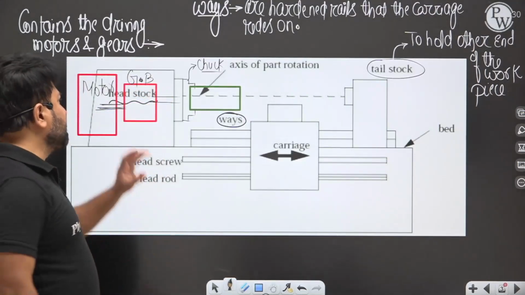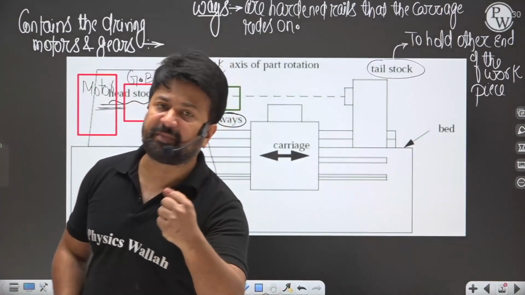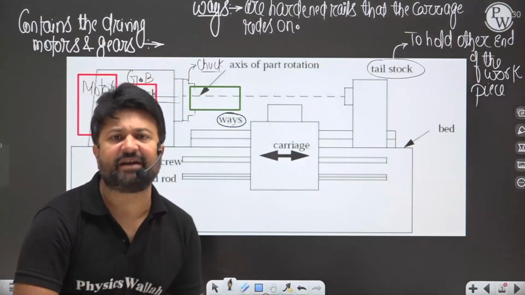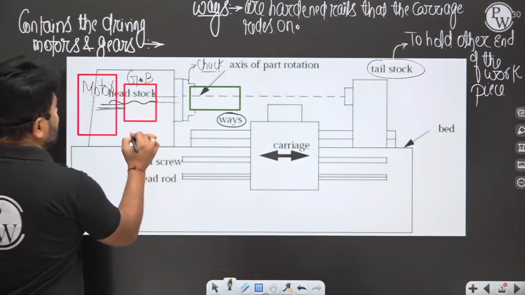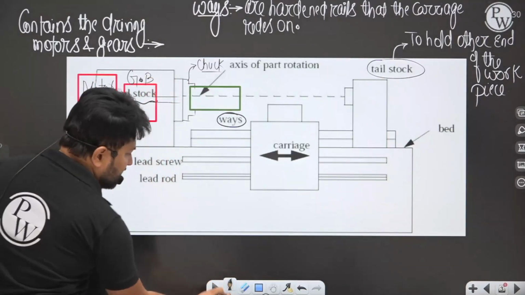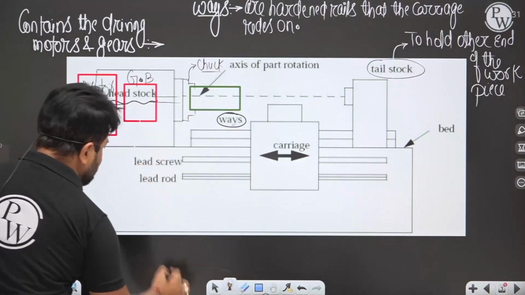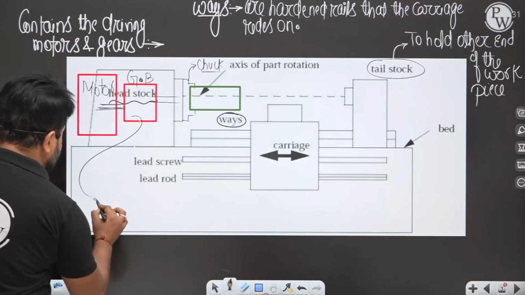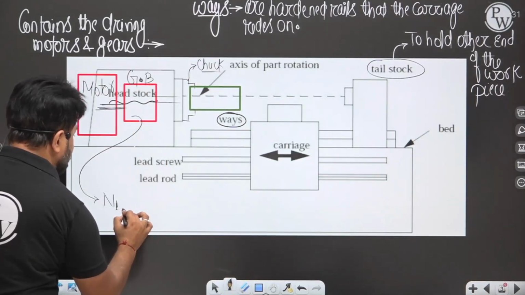By using the gearbox, you can manage the speed, that is RPM. The spindle speeds are in geometric progression. Suppose the minimum RPM you can produce from the gearbox is N1.